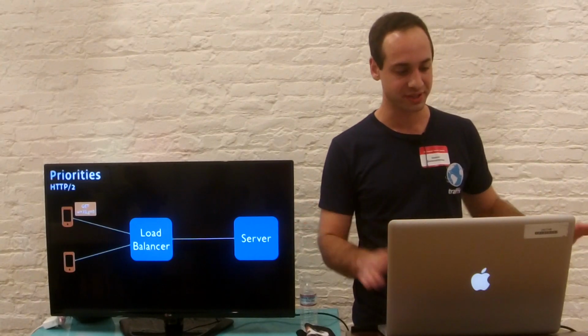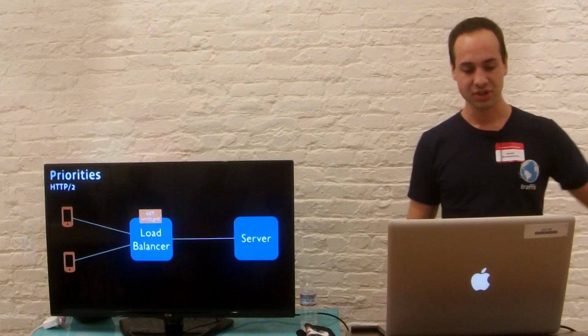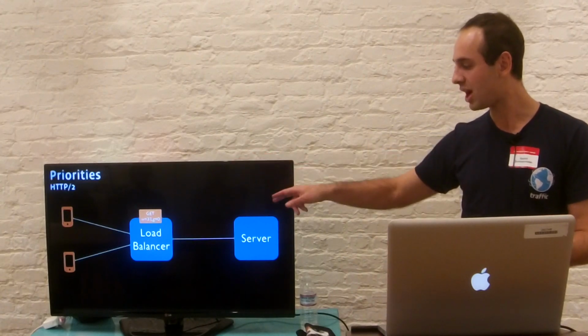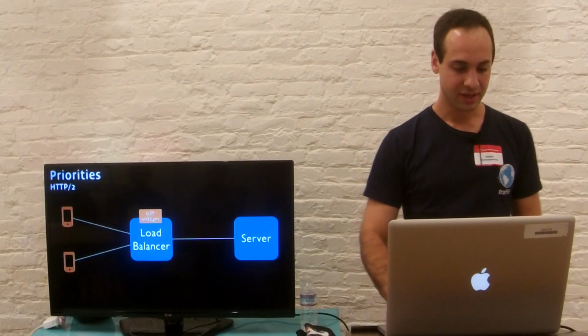We don't need to get into all the details there. But basically, the load balancer can receive this, and because HTTP2 is hop by hop, it can rewrite this. Now it's in group 1. Group 0 is the entire connection. Group 1 is associated with one particular request.